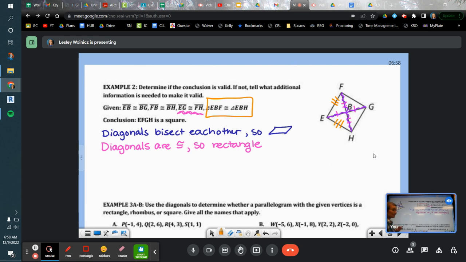And if consecutive sides are congruent, then it has to be a rhombus.